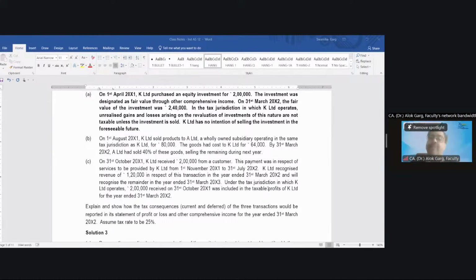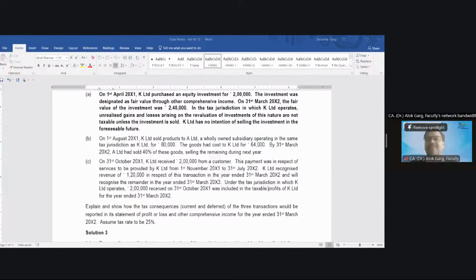Now coming to the consolidated financial statement, what was the cost of the inventory as a group? 64,000 as a group.